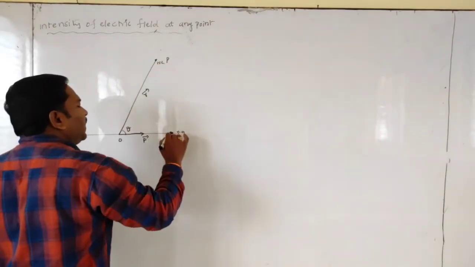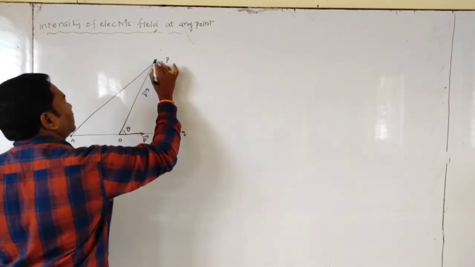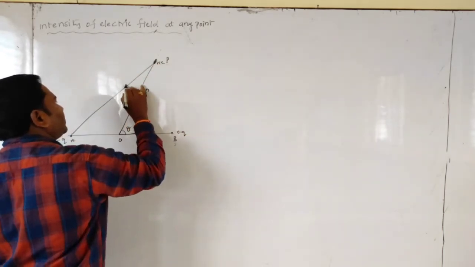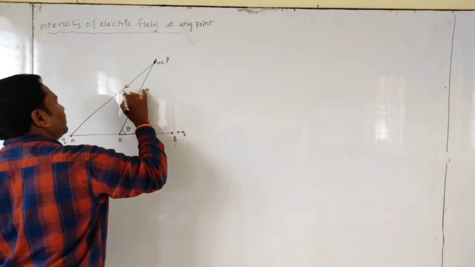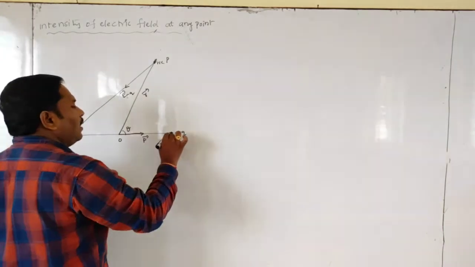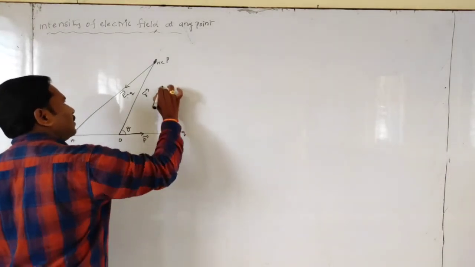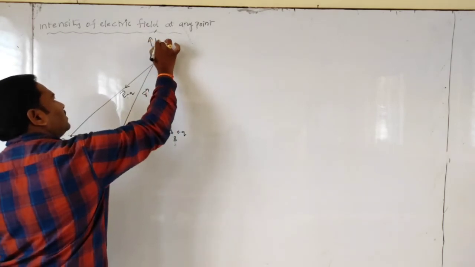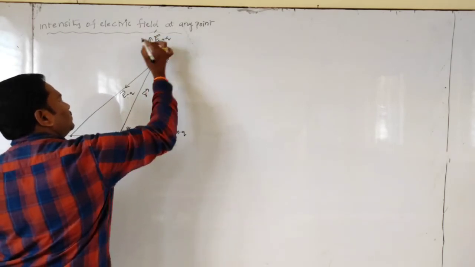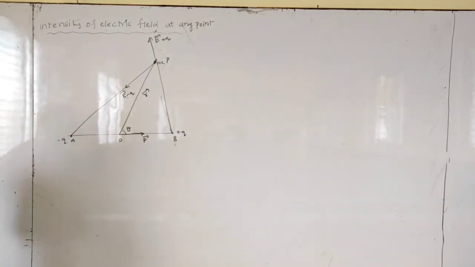This is the plus, and this is the minus, so attraction is there. This is the E plus q, and E minus q.